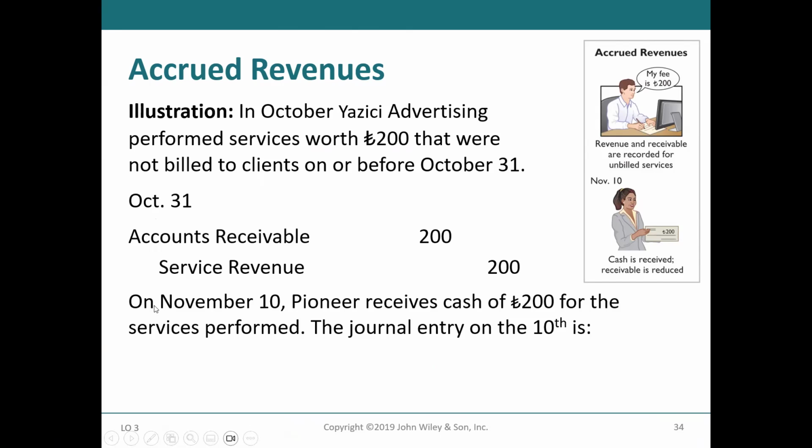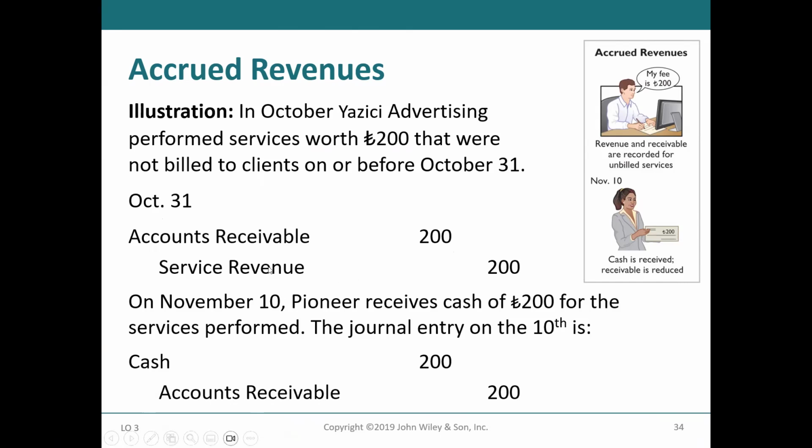So the adjusting entry will be debit accounts receivable 200 and credit service revenue 200, because we already performed the services. Not billed means we haven't sent them the invoice, but we have to recognize the service revenue at the end of October 31. Then on November 10, Yazici receives cash of 200 for the services performed. The entry for November 10 is that you got money, so we debit cash 200, and the customer no longer owes you 200 on account, so we credit accounts receivable 200.